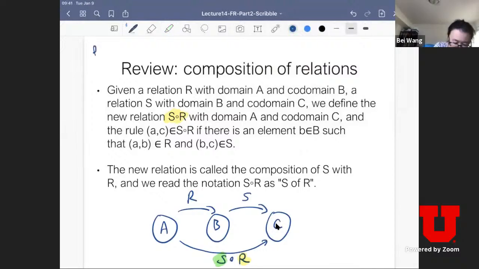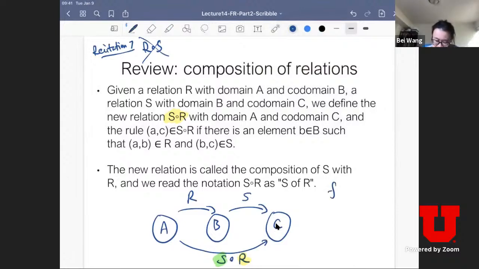In recitation 7, I was using R and S too, and that definition is still correct in many different places, but it's not consistent with the book. We are going to go with the notation from the textbook because it is also consistent with the composition of functions.